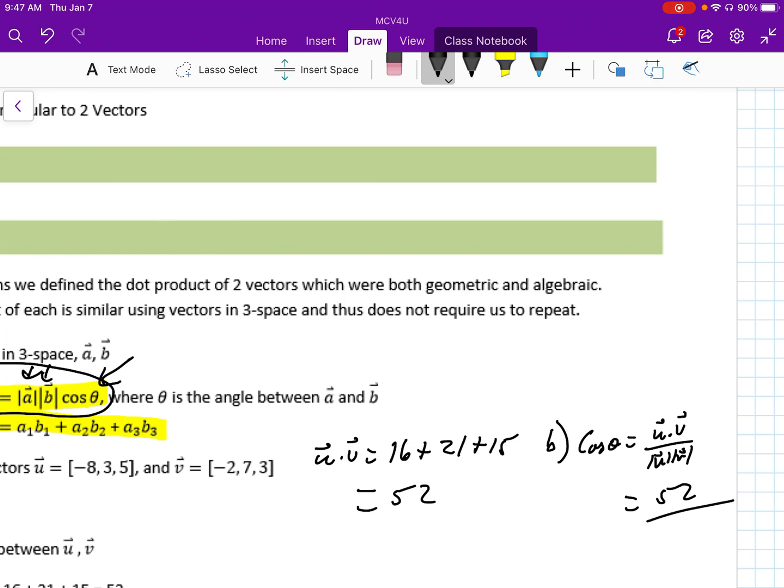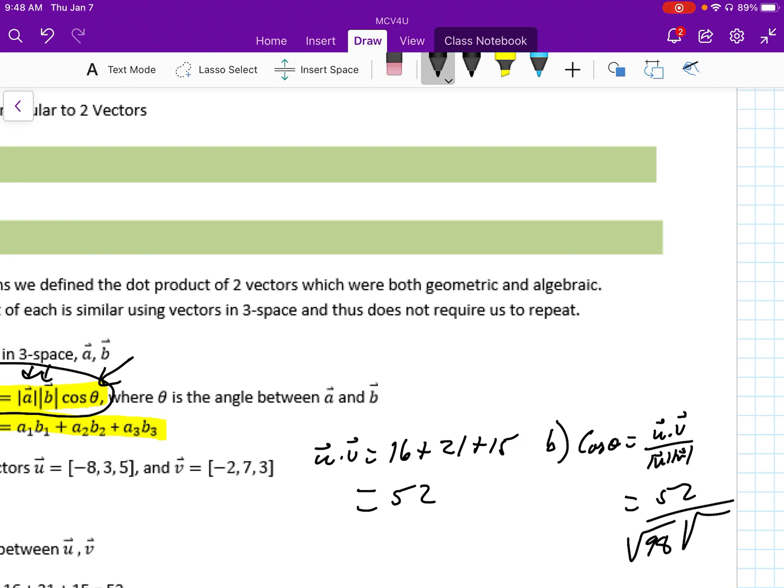The magnitude of vector u, we can do that, the square root. So we have 64 plus 9, that would be 73, plus 25 would be 98.